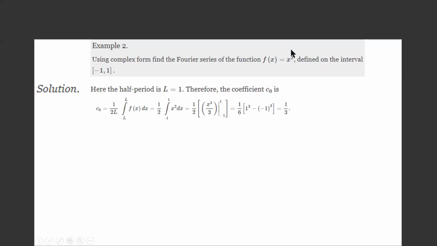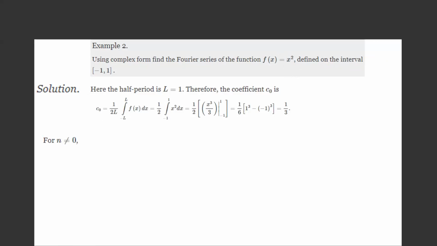So I know from the beginning this is an even function. So I will never have any sine in my Fourier series, whether it is a complex Fourier series or the real Fourier series. Now I find C naught. Why this time do I find C naught equal to a value? Because it is an even function, so I will have C naught, which is exactly like A naught.